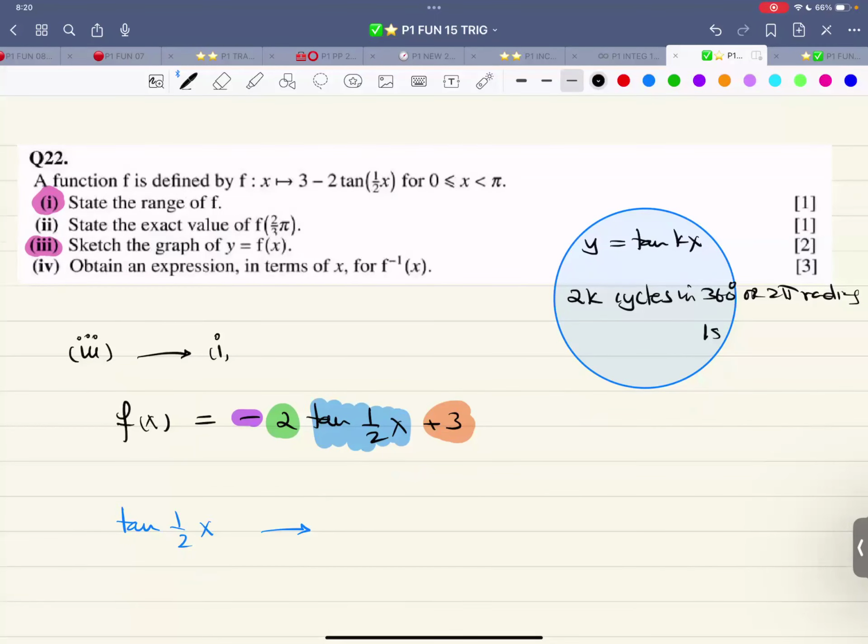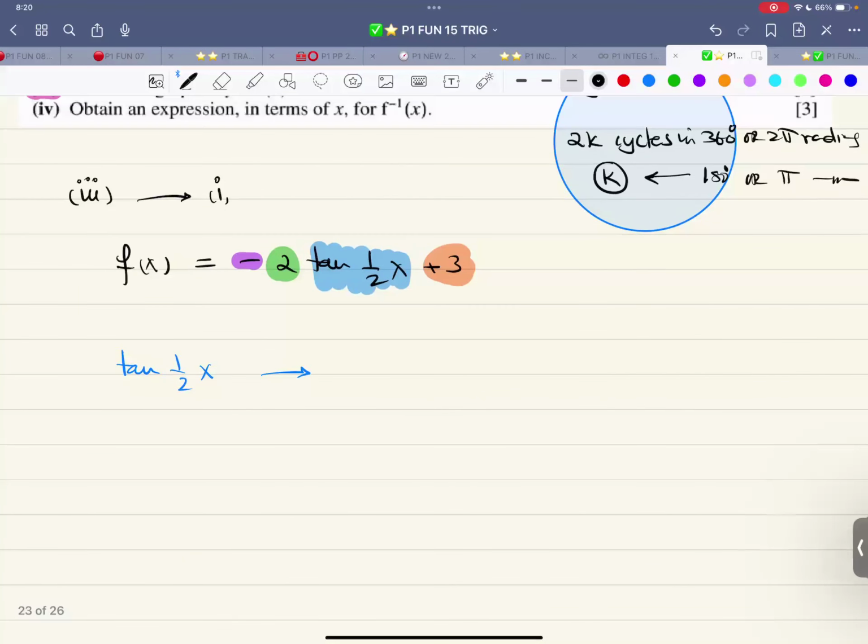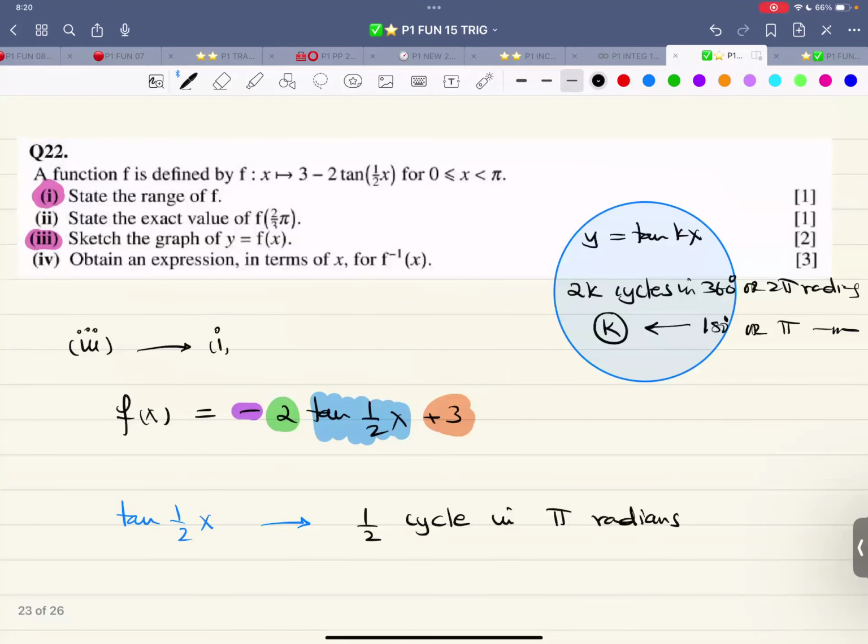Therefore, in 180 degrees or pi radians, I have just k cycles. So whatever is the coefficient of x, that means tan(half x), half cycle in pi radians. All good, all clear? That's based upon this.